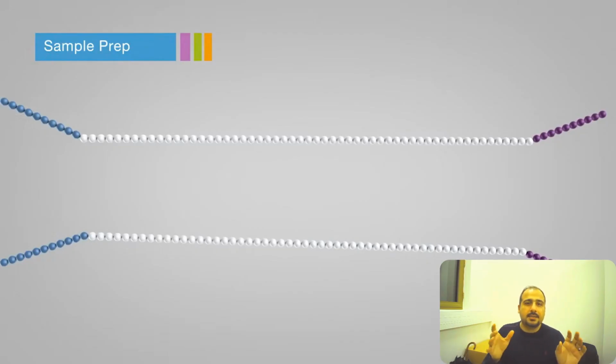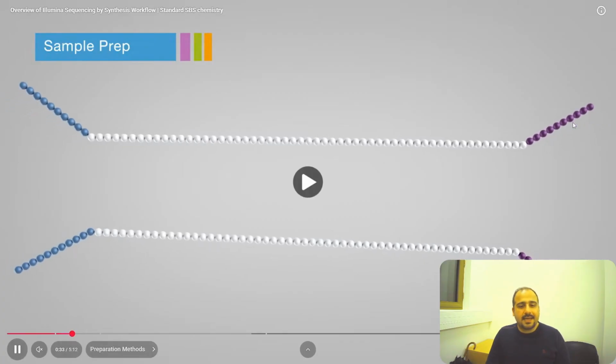These small fragments are primers, and there are also some other fragments that are used during the sequencing process. But for now, just remember that these two fragments are attached to both ends of each DNA strand. Basically, there are two primers attached, which are also commonly referred to as adapters.